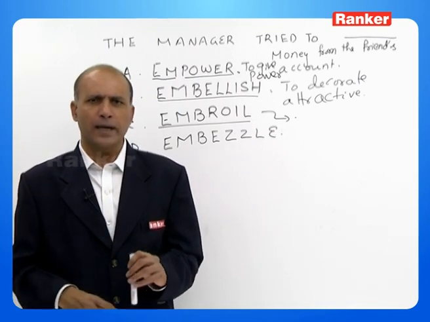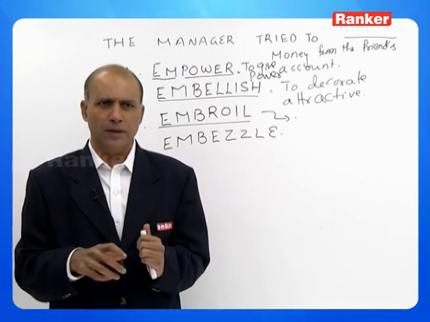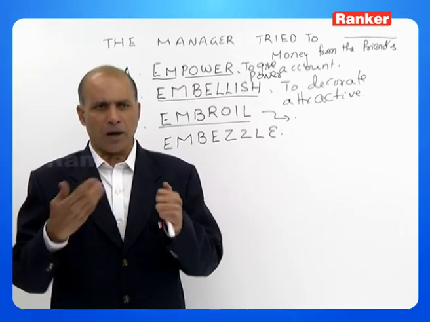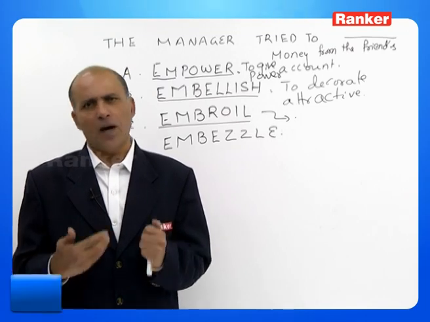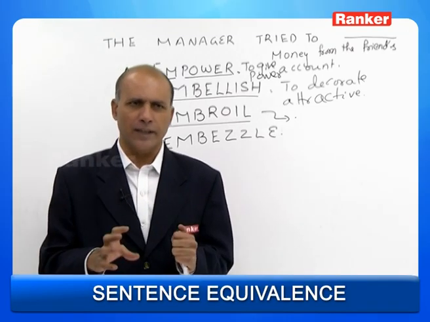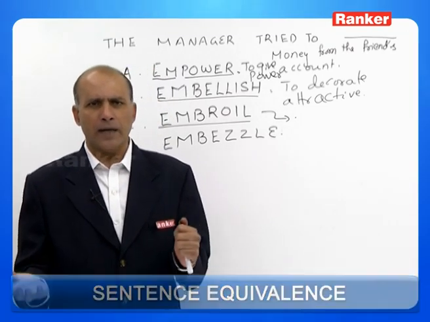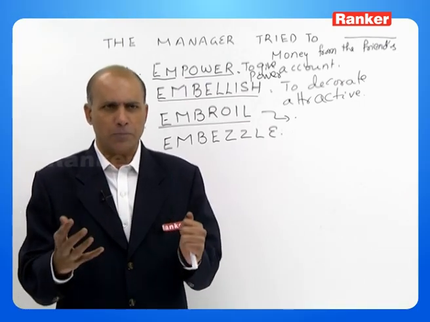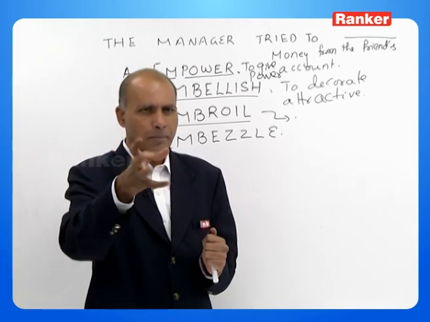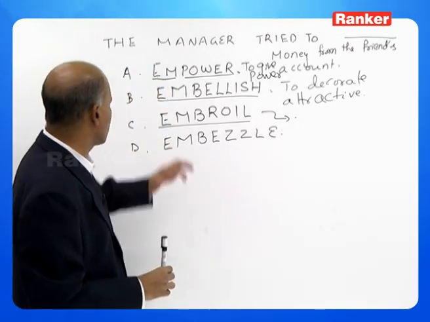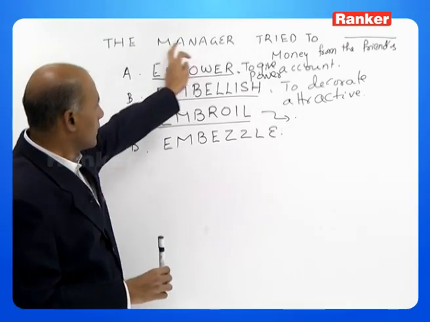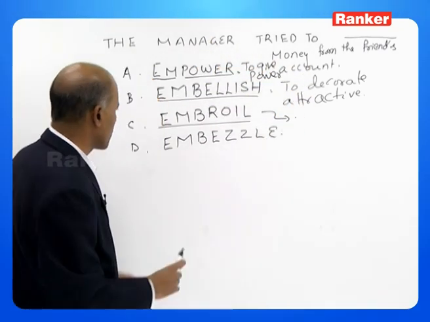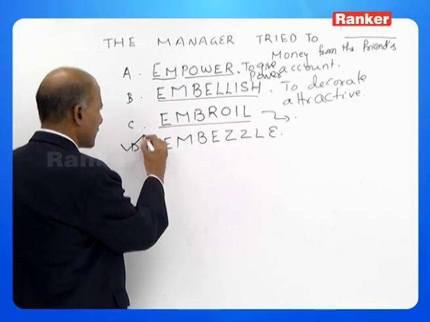So embroiled is to become involved in a troublesome or negative way in a problem or a scam or a corruption or any such thing. I am embroiled in lot of marriage problems. Suppose if somebody is going through marriage problems, we say somebody is embroiled. Embroiled is to be involved with in a negative manner. The manager tried to embroil money. Meaningless.